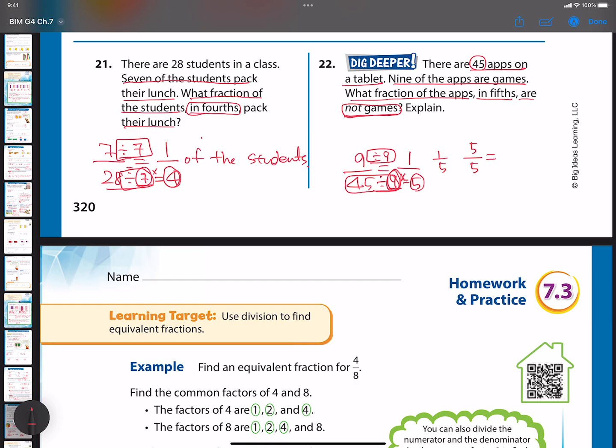Okay, so out of 5, 1/5 is game apps, okay? That means what? 4/5 apps are not game apps, okay? All right, that's it. 4/5 of the apps are not game apps, okay? This is explanation, so I don't have to do over.